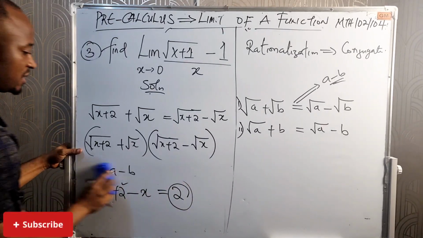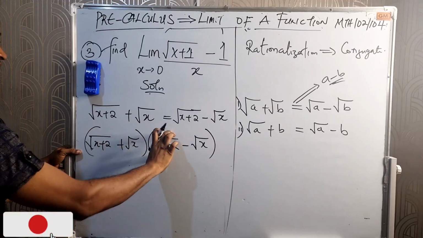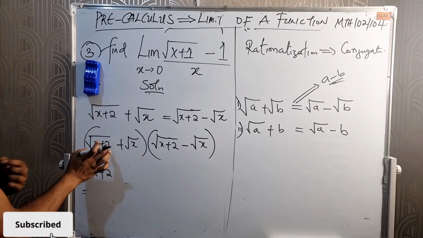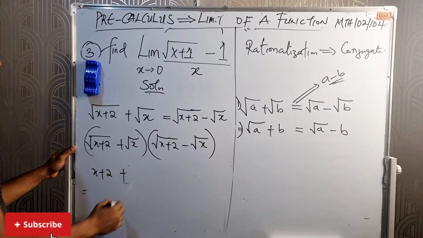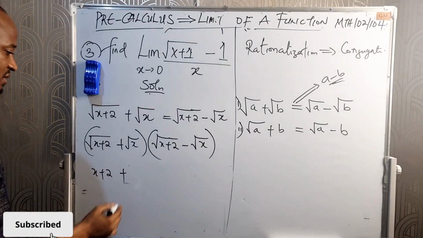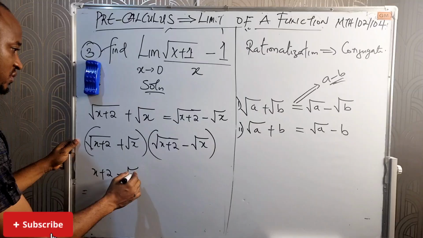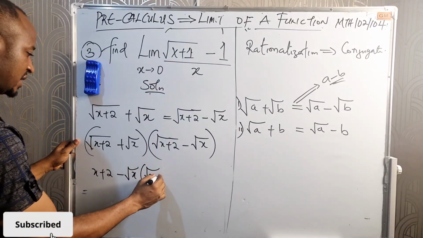If you doubt me, we can still expand this and check our answer. Multiply this with this. That will give us x plus 2. Hope you are aware, if we multiply this with this, the square will cancel the square root. We are left with this, right? So plus, multiply this with this. We're going to have minus root x times root x plus 2.